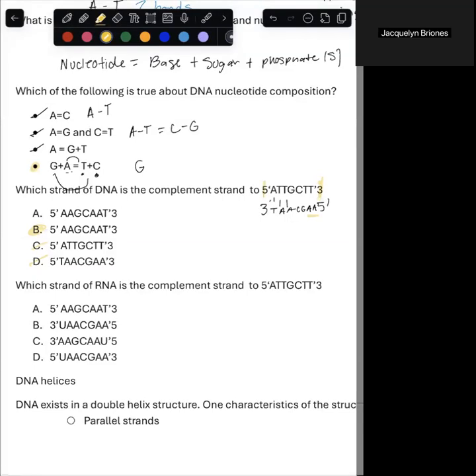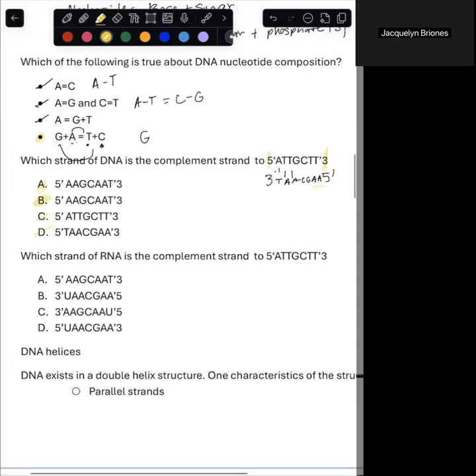Okay, so it would be A and A or B. They're both right. I guess I duplicated it. Okay. So it's A and B. That's why I was confused. Okay. It's A or B because they're the exact same strand. Okay. Moving on. Sorry about that.